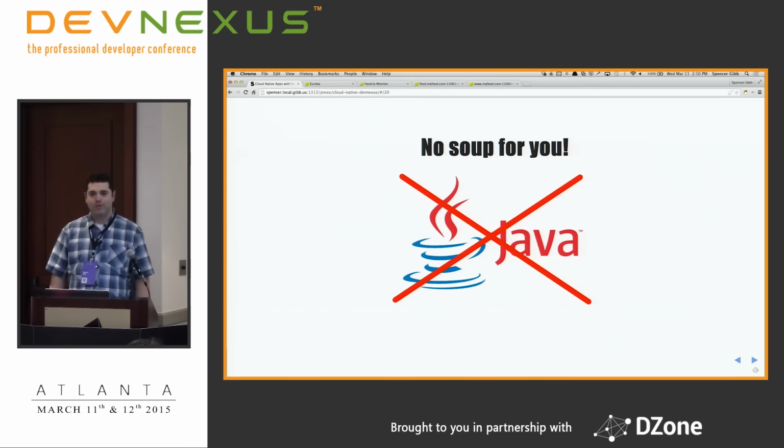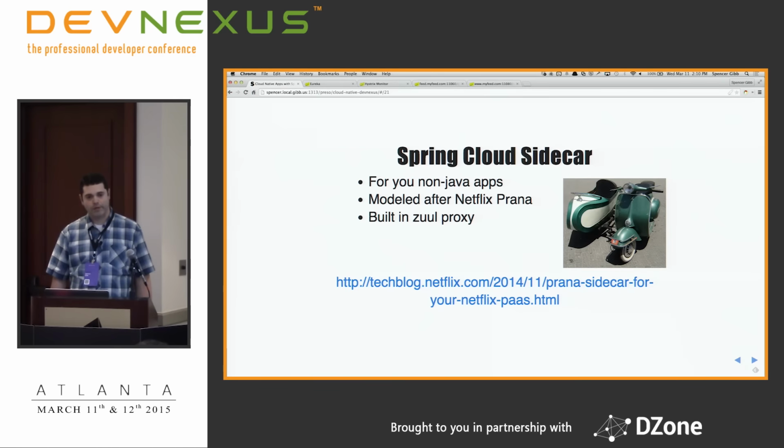What if you don't use Java in all your applications? Or Java at all, for that matter. I guess it could work. So Netflix released something called Prana, which is a sidecar. I had a good conversation with a fellow named Andrew Spiker that was an IBMer that is now a Netflixer. Is that a term?